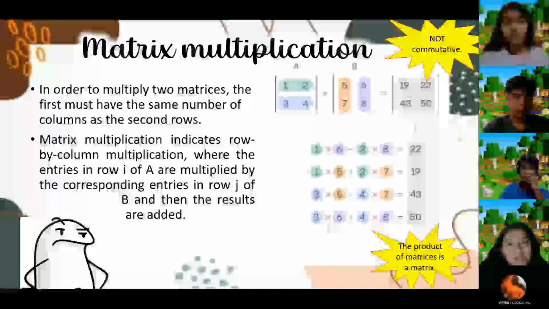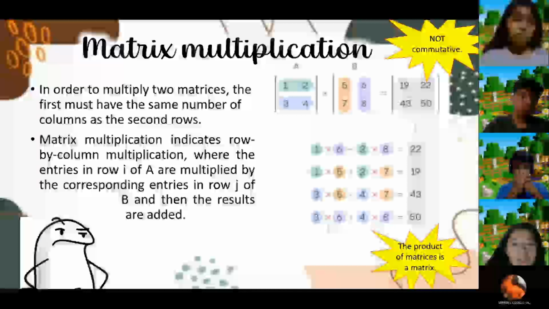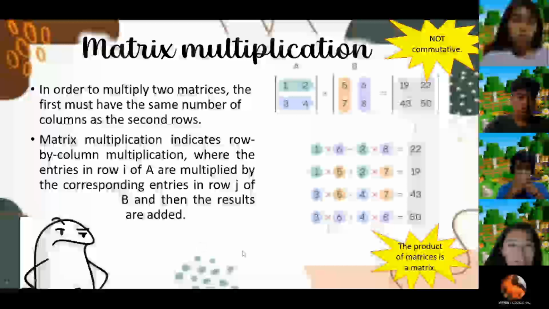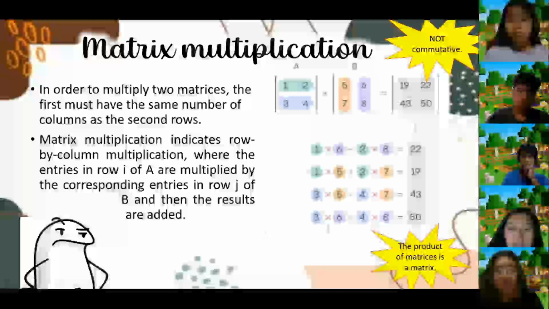In matrix multiplication, each row is multiplied times a column: the entries in row I of A are multiplied by the corresponding entries in column J of B, and then the results are added together. Matrix multiplication is not commutative. In simple terms, it multiplies row times column.